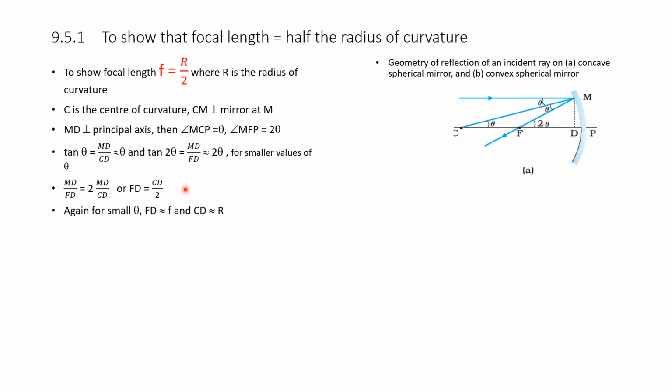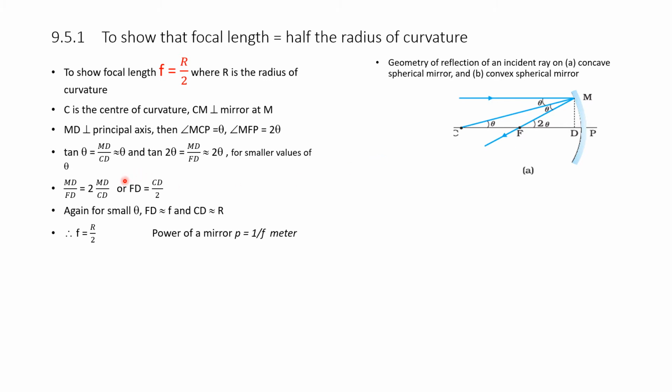Again, for smaller values of theta, fd is approximately equal to f, and cd is equal to r.